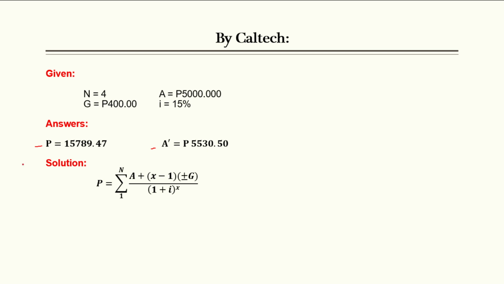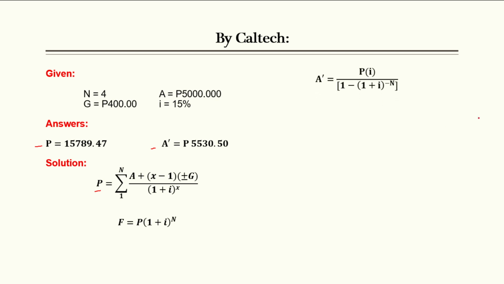Okay. So, ang makukuha mong value dito ay value ng P. So, kapag pinapahanap sa problem ay value ng F, syempre, kunin mo muna yung value ng P and gamitin mo yung formula ng F. F is equal to P times 1 plus I raised to n.